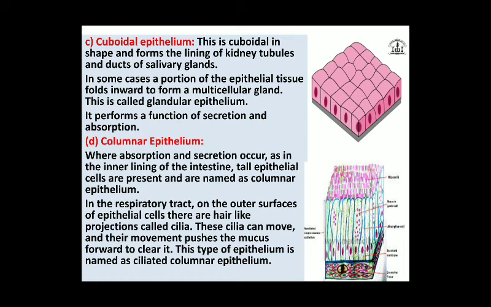Okay, in the image you could see the free end of the cells consist of finger-like projections. Okay, and these tissues are found in the inner surface of stomach and intestine.